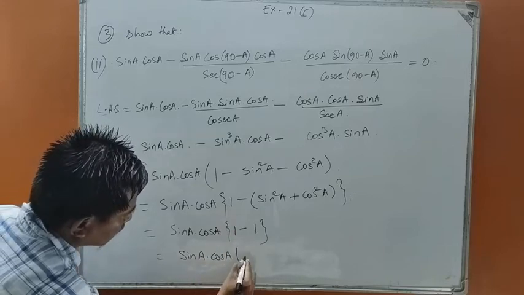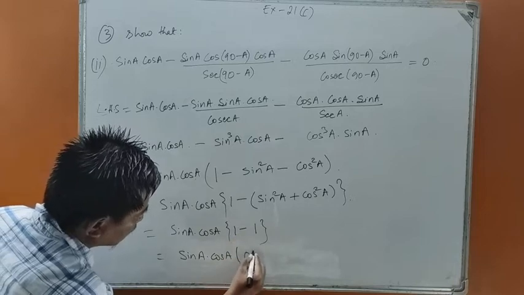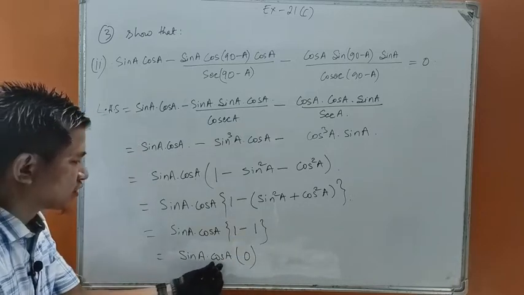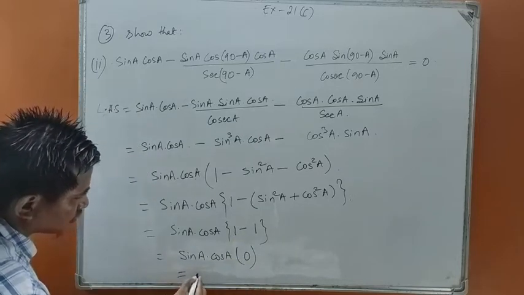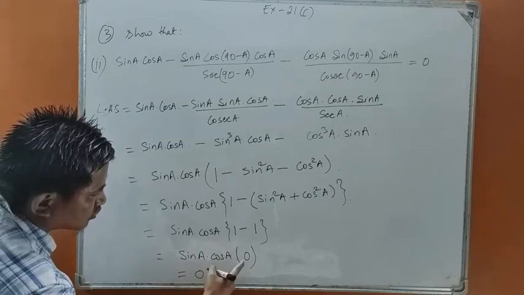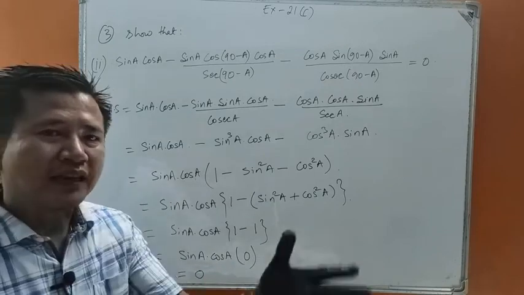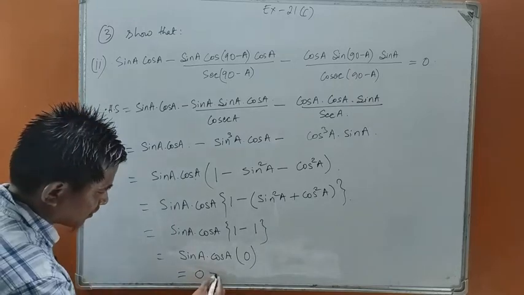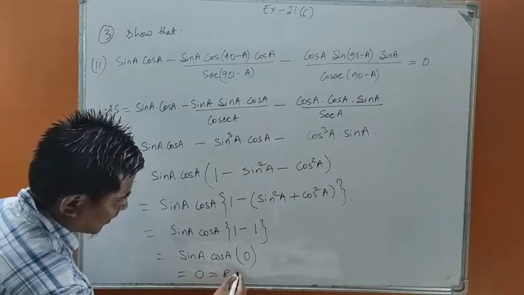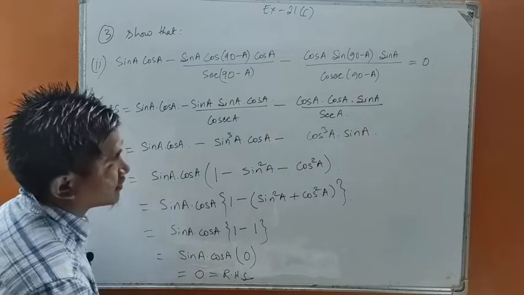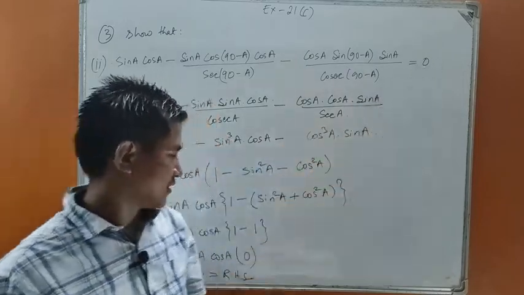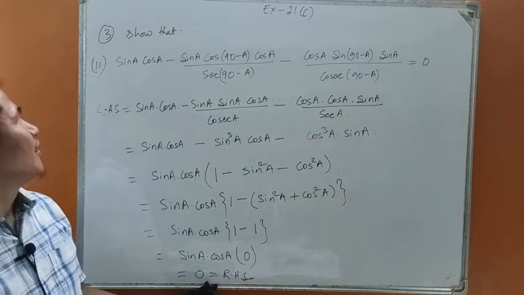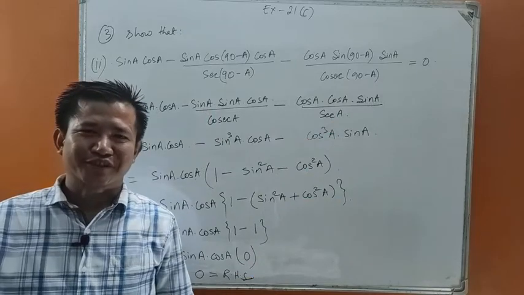So 1 minus 1 is 0. So sine A cos A into 0 gives us 0. If you multiply any number with 0, the number becomes 0, isn't it? So this is RHS, right hand side. Okay, we have 0 in the right hand side, isn't it? Hence proved. Now let us move on to the next question, question number 3.